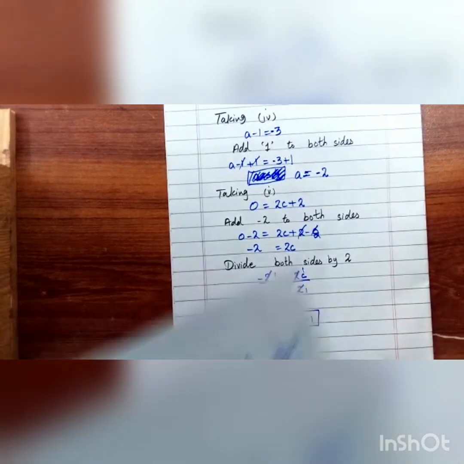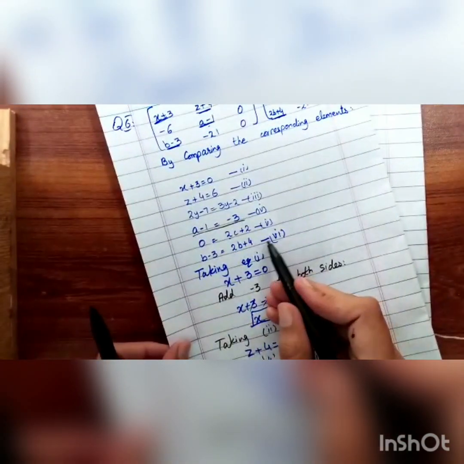Now the last equation is equation number 6, which is b minus 3 is equal to 2b plus 4.